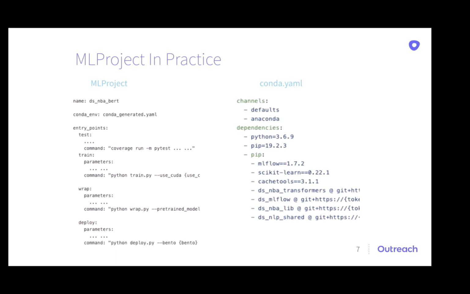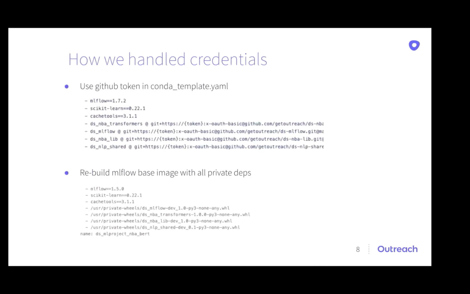All the dependencies are specified in the conda.yaml file. Our dependencies include both public packages like MLflow, scikit-learn, and cache tools, as well as internal packages. We use the MLflow API to trigger the Databricks runtime to run training, so we need to properly enable Databricks to read internal packages.